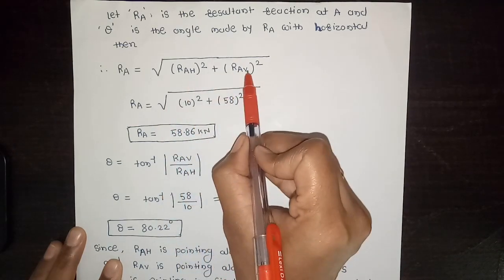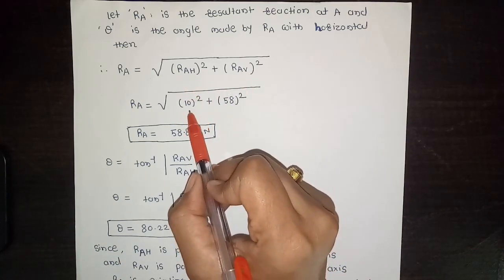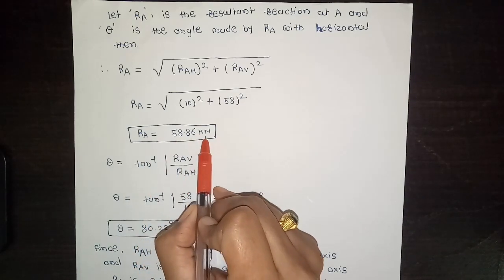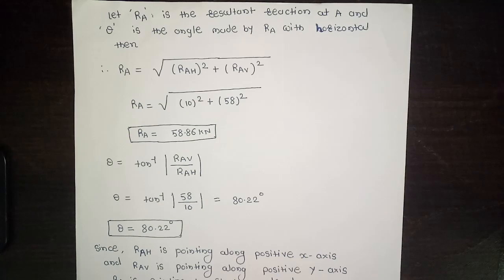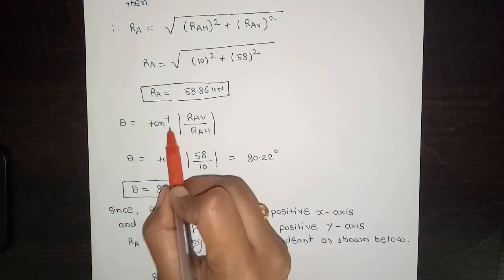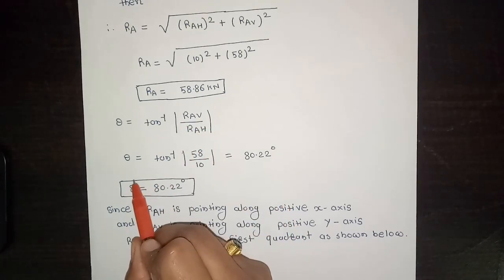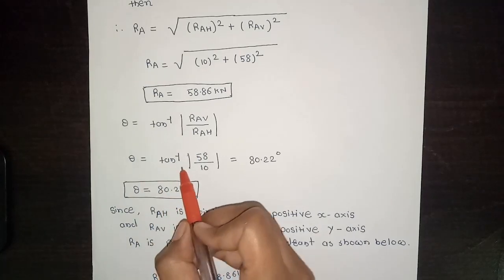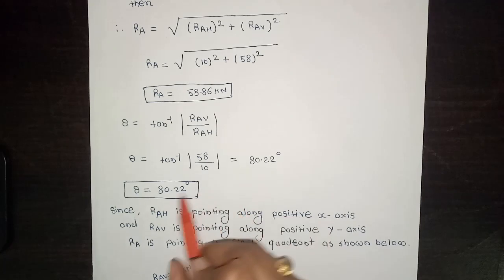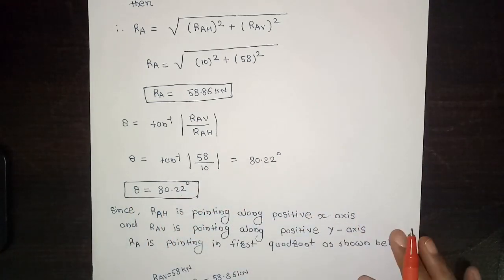Put the value of RAH and RAV, then we get RA is equal to 58.86 kilonewton. Then theta is calculated by the formula tan inverse of mod of RAV divided by RAH. Put the value of RAV and RAH, then we get theta is equal to 80.22 degree.